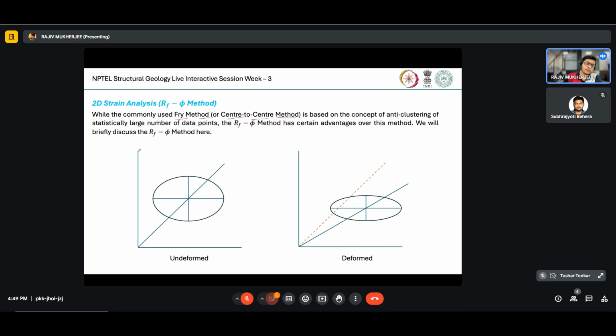So for example, in this coordinate system, we have an object which is initially an ellipse, and this is the long axis or the major axis, and this is the short axis or the minor axis.